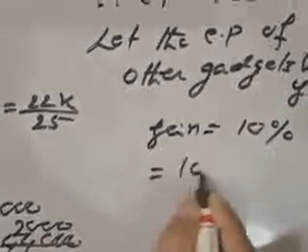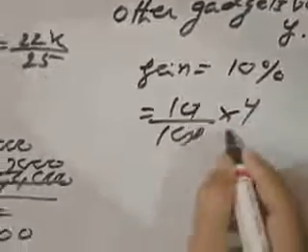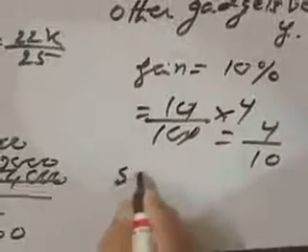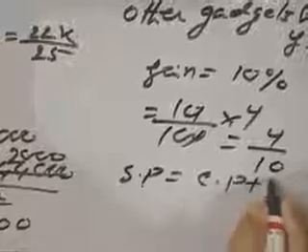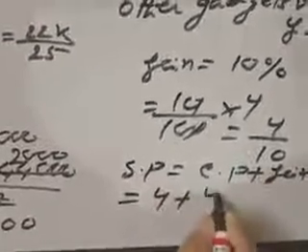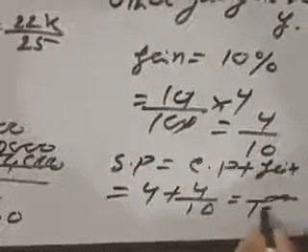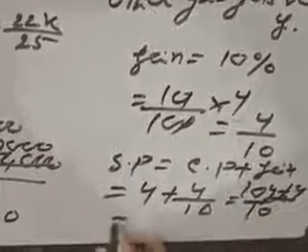Calculate: 10 by 100 into y is equal to y by 10. Then SP you find out. SP is equal to CP plus gain is equal to y plus y by 10. LCM you take 10. So 10y plus y is equal to 11y by 10.